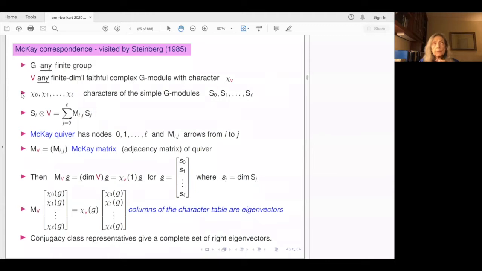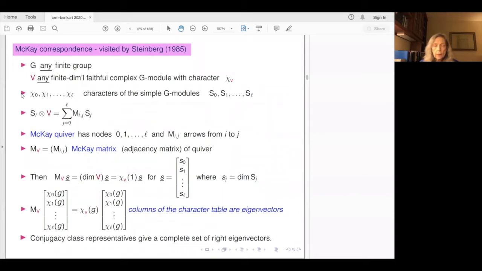So if you think of your character table, the rows are labeled by the simple modules or the simple characters, and the columns are labeled by conjugacy class representatives. So you just take a column, that'll give you an eigenvector, and you look at what conjugacy class that corresponds to, representative, and you just evaluate the character of V on that class representative, and that's the eigenvalue.